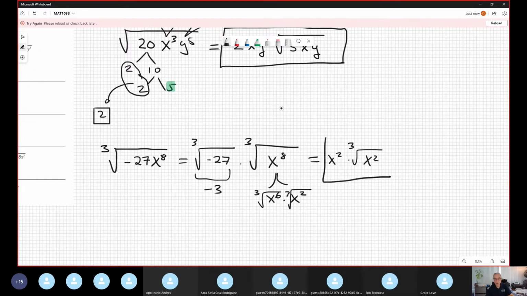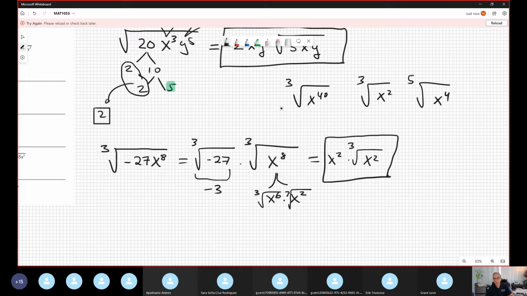Why not? How do you know? You stop because this power is smaller than the index. If you have the cubic root of x to the 4, we can simplify. But with the cubic root of x to the second, no. For example, the fifth root of x to the 4, we cannot simplify because this number is smaller than this one.